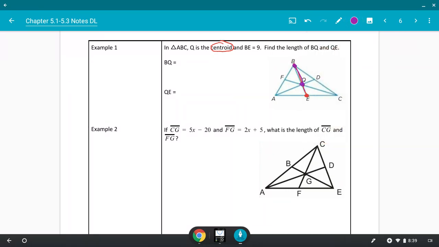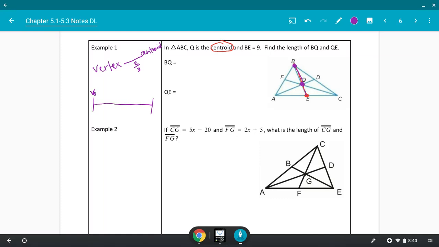BQ and QE. Well, remember from the vertex to the centroid is 2/3, and then the other 1/3 is from the centroid to the edge. So there's 2 ways you guys could think about that. I'll just draw pictures for those of you that are visual.